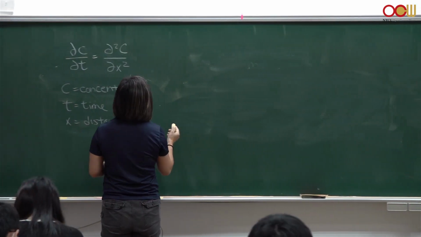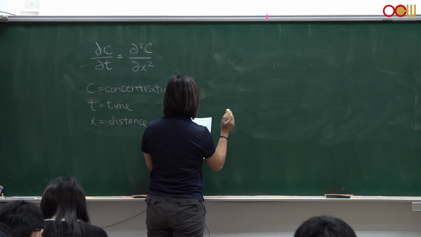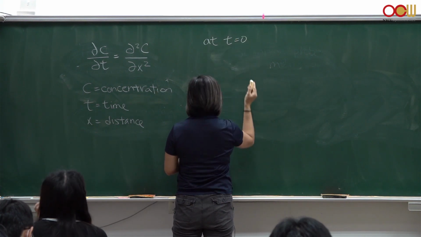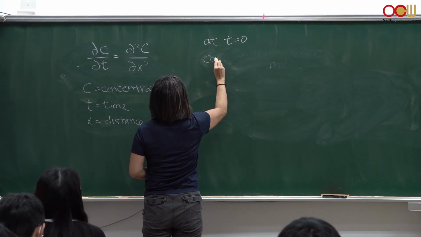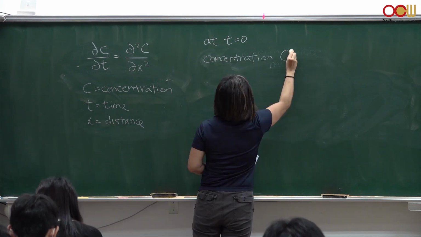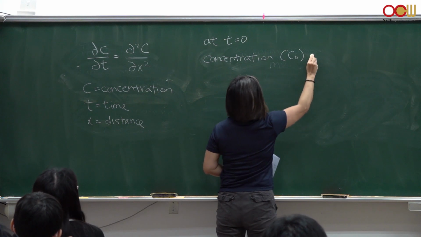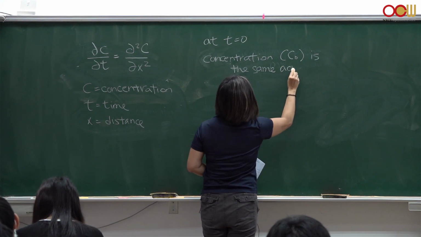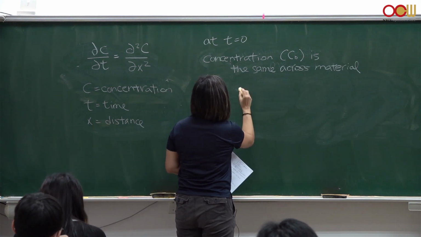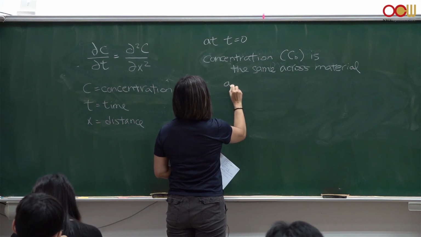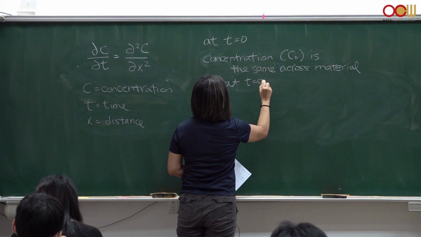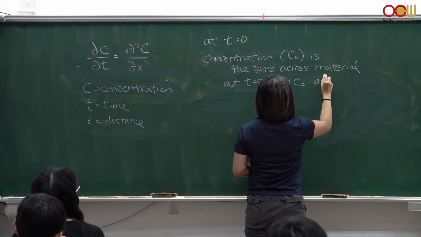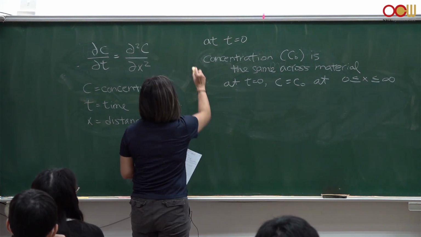So I'll tell you the conditions first. At T equals 0, the concentration C of 0 is the same across the entire material. So another way to say this is that at T equals 0, C equals C0. That's condition 1.